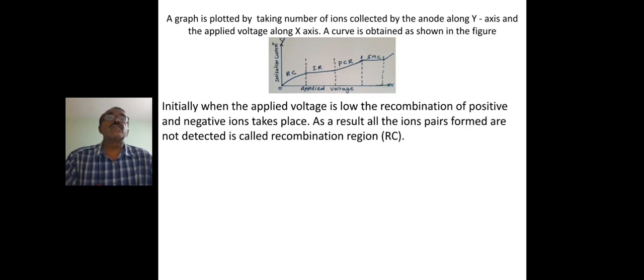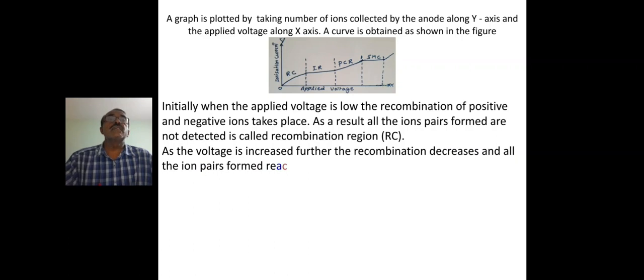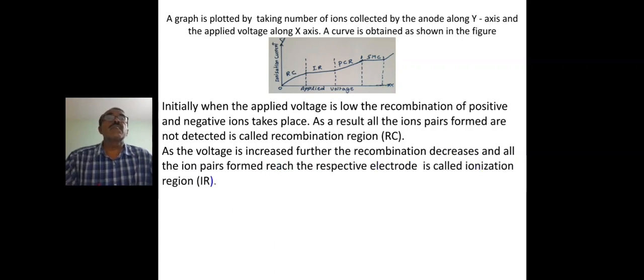As a result, the ion pairs formed are not detected; this is called the recombination region. As the voltage is increased further, recombination decreases and all the ion pairs formed reach the respective electrodes; this is called the ionization region.